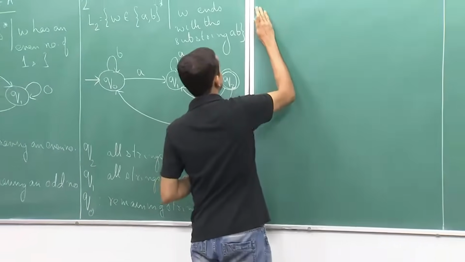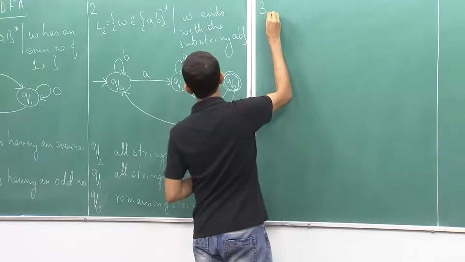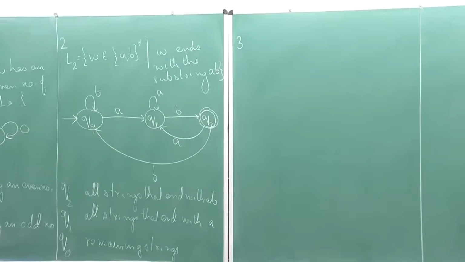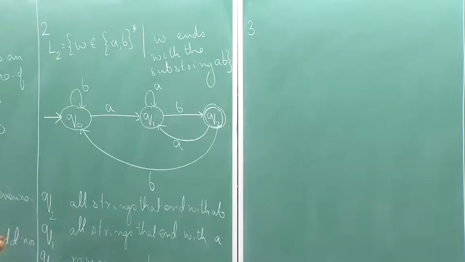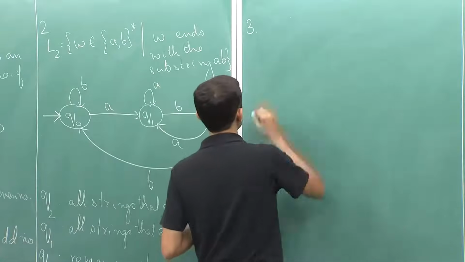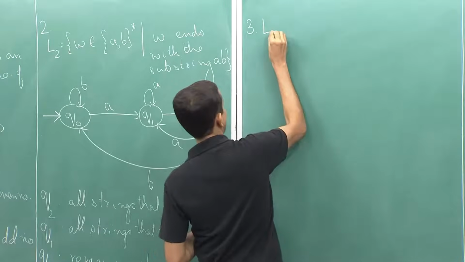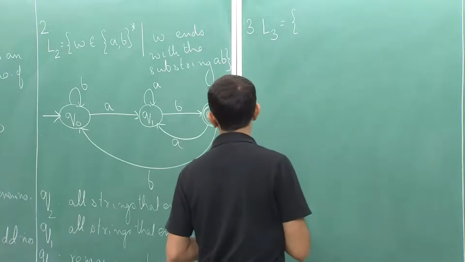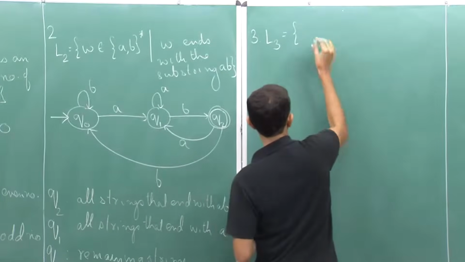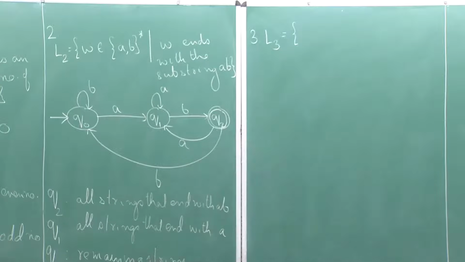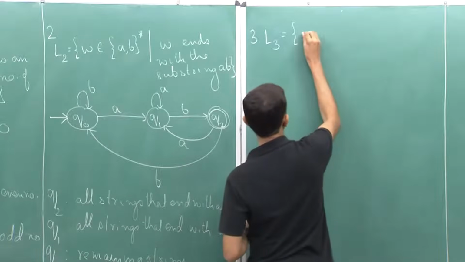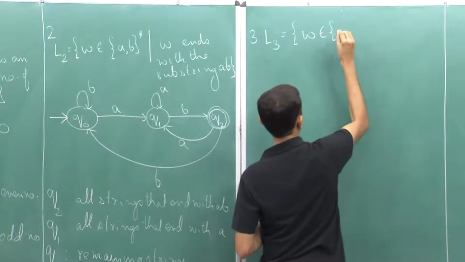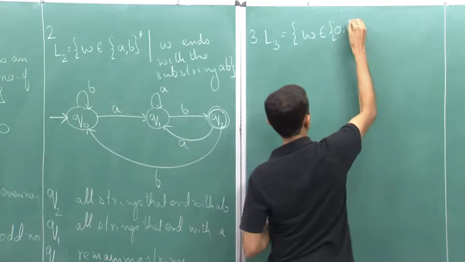So, our third example. We consider the language L3 that consists of strings over 0 1.